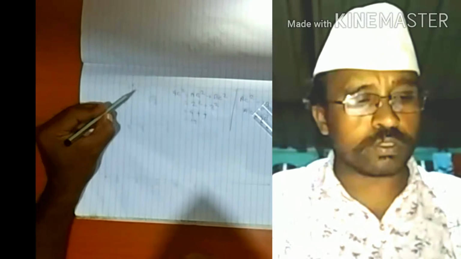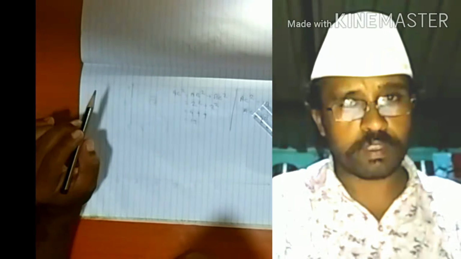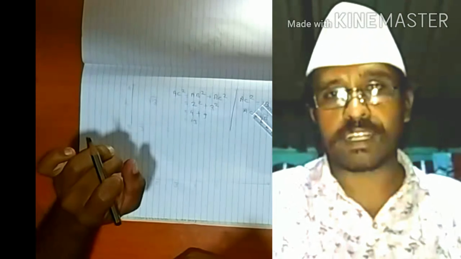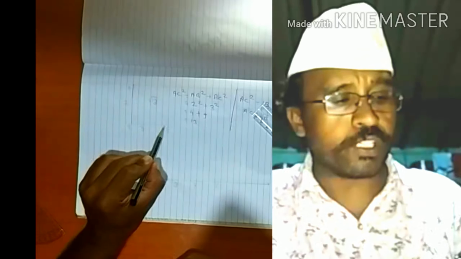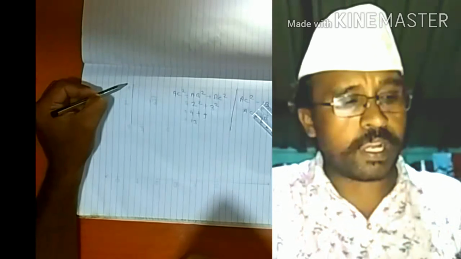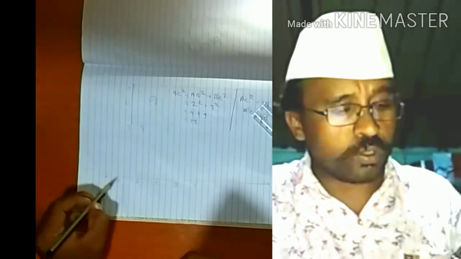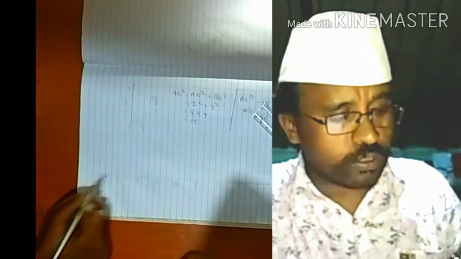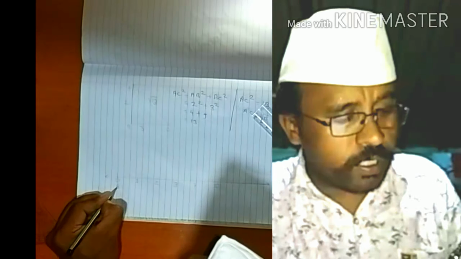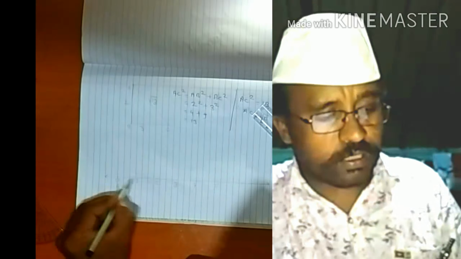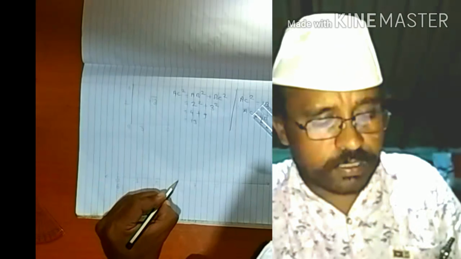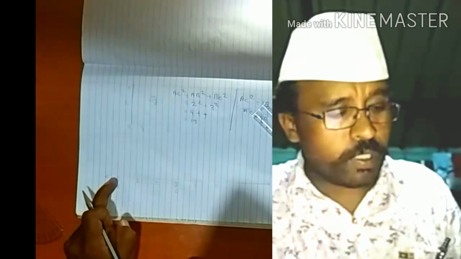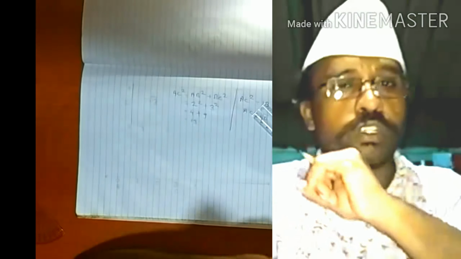Now to show this root 13, we require a right angle triangle such that its base should be 3 units and height should be 2 units. So let's consider this 0 as point B. Then 0 to 3 is 3 units away. So we can say this 3 as point C, means B to C is equal to 3 units.